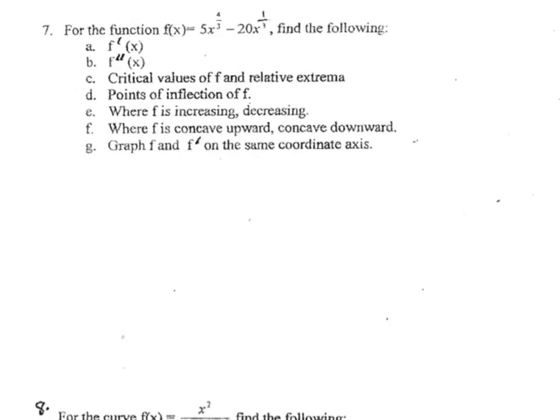For number 7, we first want to find f prime of x. So I'm going to take the derivative and get 20/3 x to the 1/3 minus 20/3 x to the -2/3.